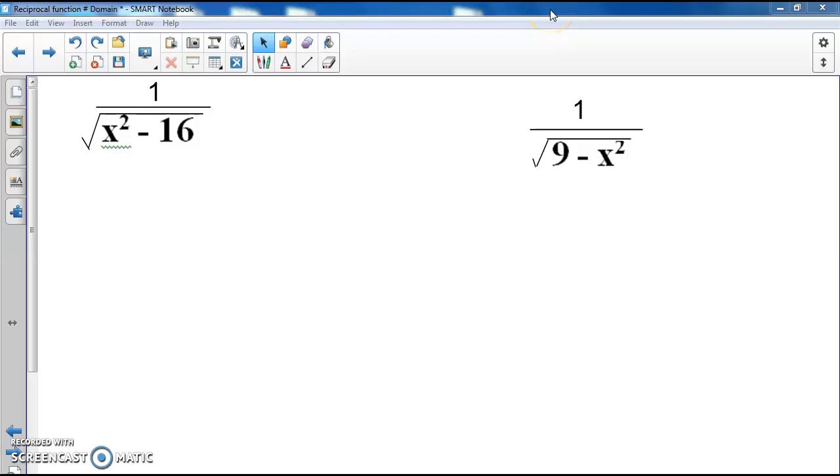Take some more examples. 1 upon square root of x square minus 16.